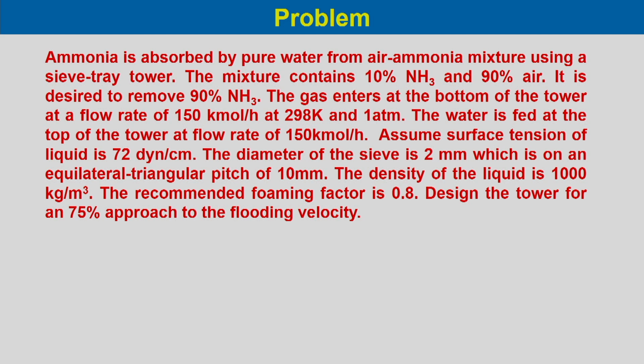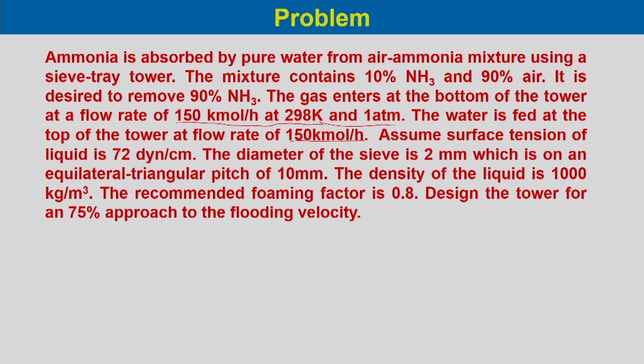It is desired to remove 90% of the ammonia. The gas enters at the bottom of the tower at a flow rate of 150 kmol per hour at 298 Kelvin and 1 atmosphere pressure. The water is fed at the top of the tower at a flow rate of 150 kmol per hour.